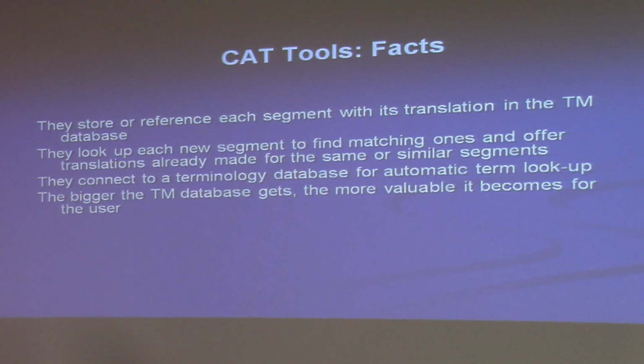Now, the bigger the database gets, of course, the more valuable it is, but at the same time, the more careful you have to be. When you have a very large database, like for example for Bank of America, you might have 100 suggestions for every segment.